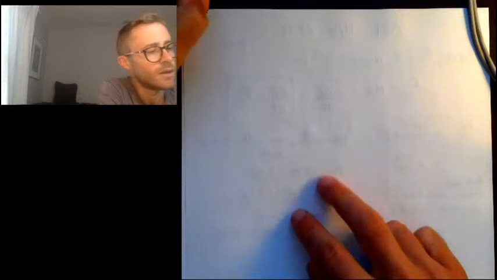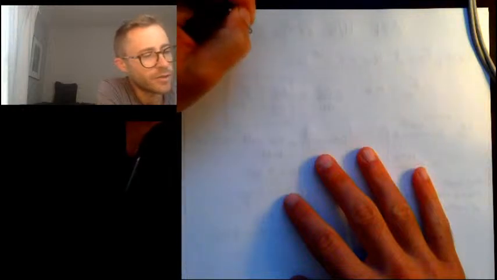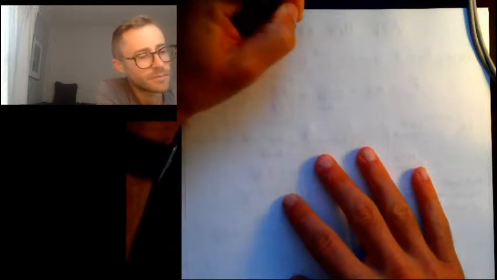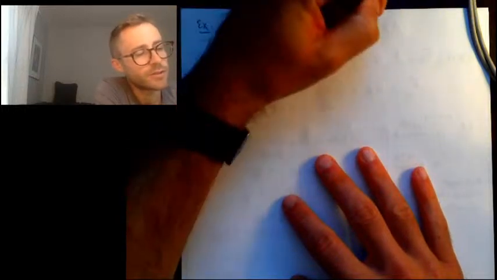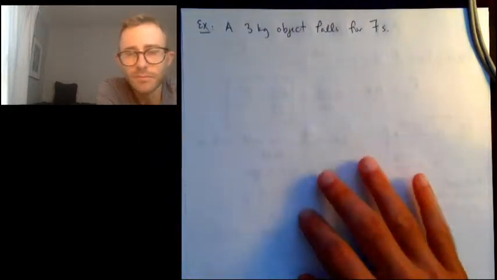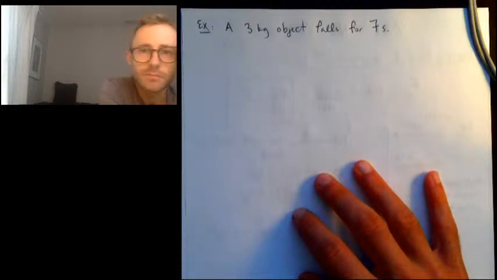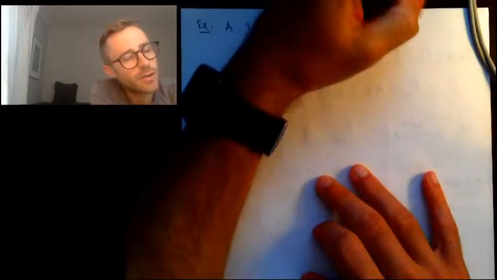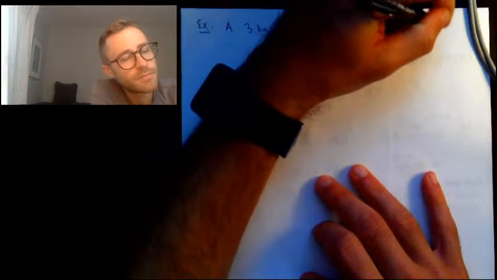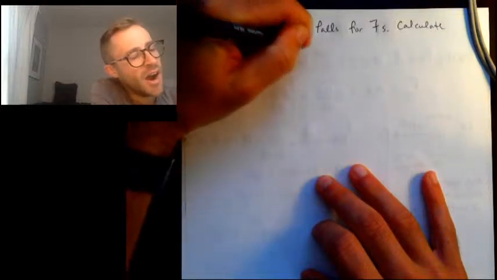So let's do an example. Suppose a 3 kilogram object falls for 7 seconds. Calculate the impulse due to gravity.